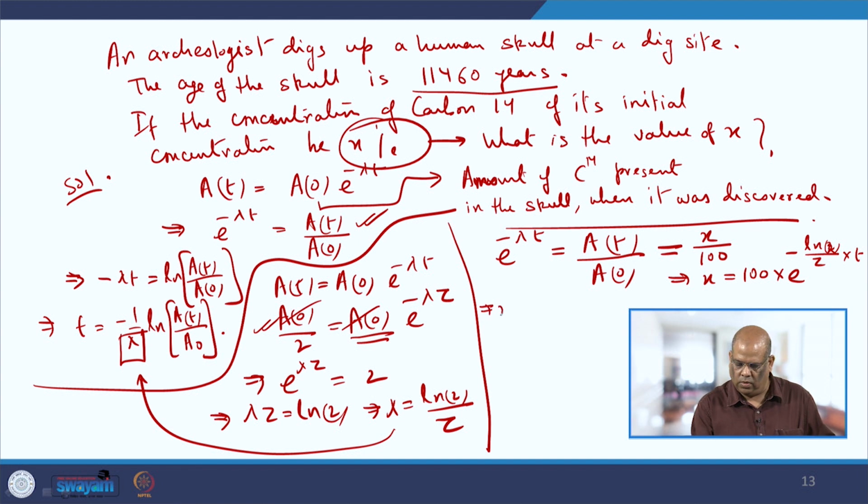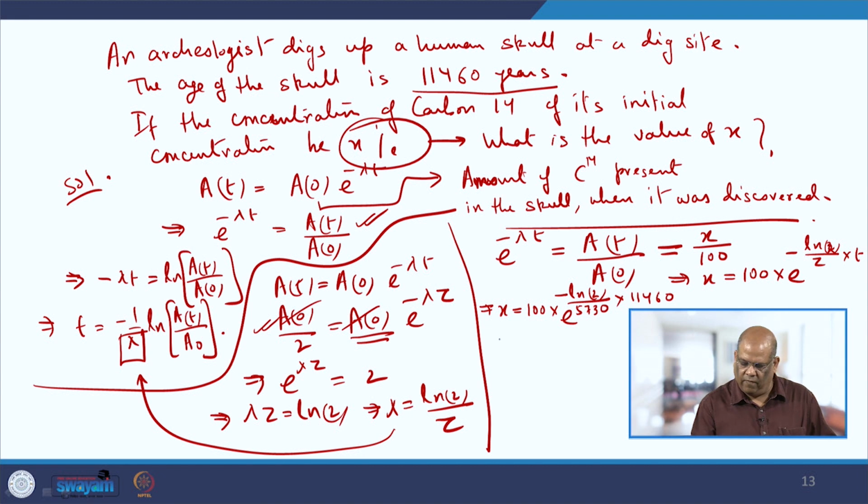So, the value of x is 100 multiplied by e to the power minus ln 2 divided by tau, which is 5730 half-life, multiplied by the years, which is 11460.